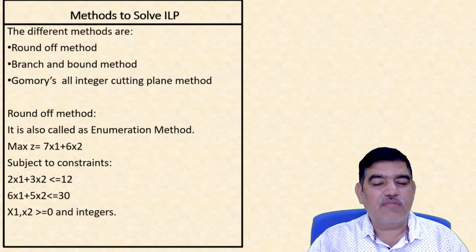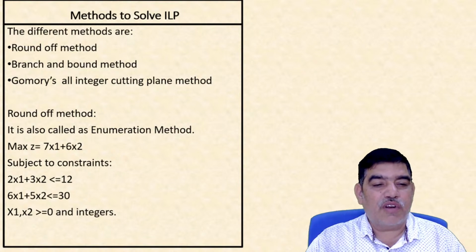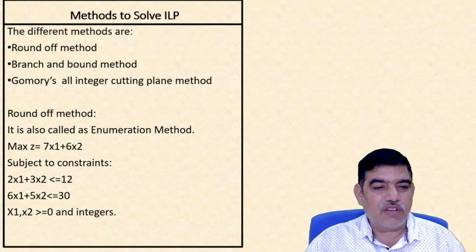Let us consider one example here. Max z means maximize z, maximize the profit of the objective function: max z equal to 7x1 plus 6x2, subject to the constraints 2x1 plus 3x2 less than equal to 12, and the second constraint equation, 6x1 plus 5x2 less than equal to 30.